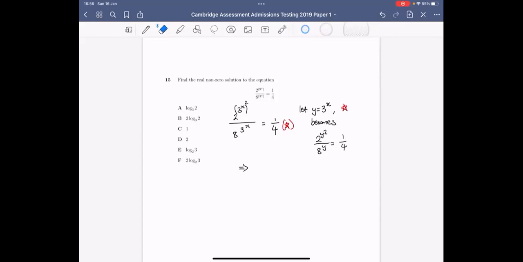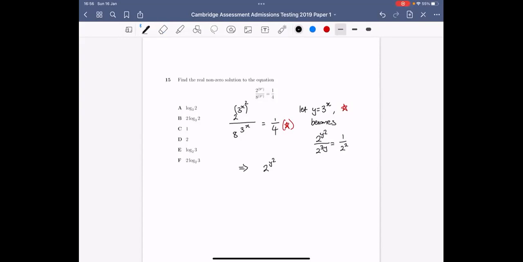and also 4 is 2 squared and 8 is 2 cubed. So 2 to the 3y. So that means 2y squared.